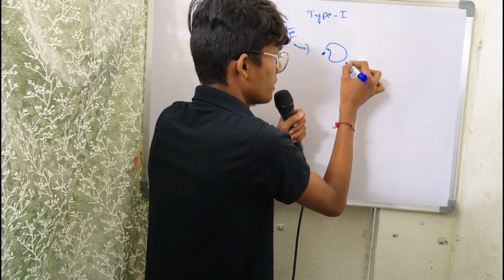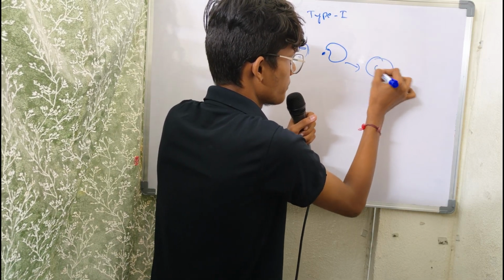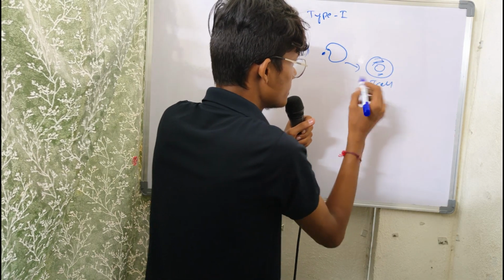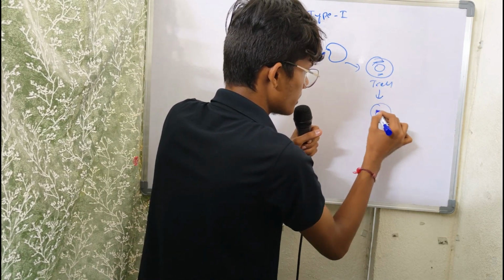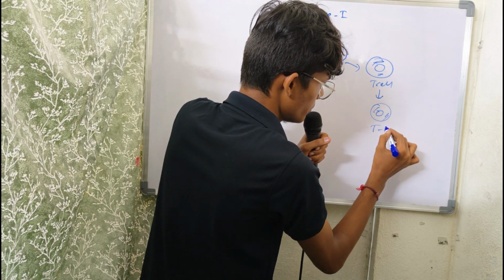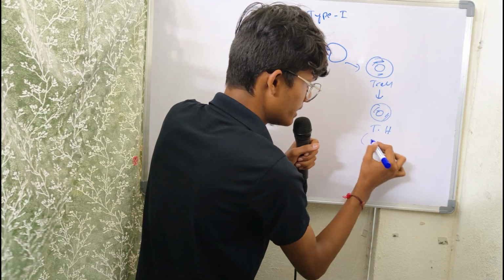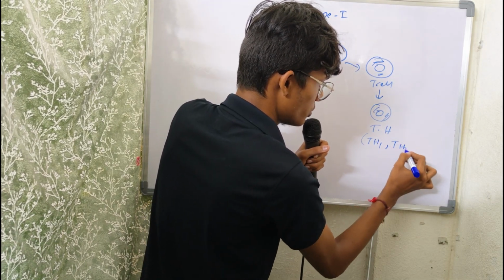After it takes it up, it presents to the T cell. This T cell gives it to the T helper cell, that is the TH cell. In this there are two types: TH1 cell, T helper 1 cell, and T helper 2 cell.